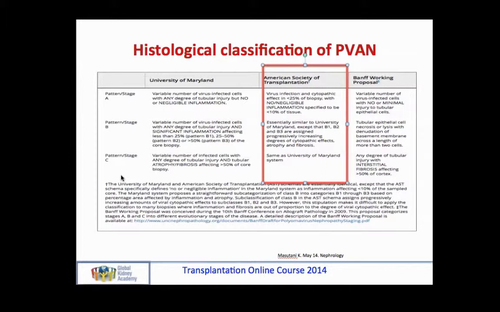And then in stage 3, you can have a lot of tubular inflammation and cytopathic change, with significant interstitial fibrosis as well, which may affect more than 50% of the core tissue. So stage 3, you've got chronic established fibrosis affecting at least 50% of the cortex, as well as perhaps having more acute inflammation with cytopathic change.